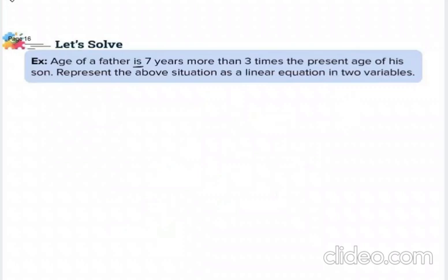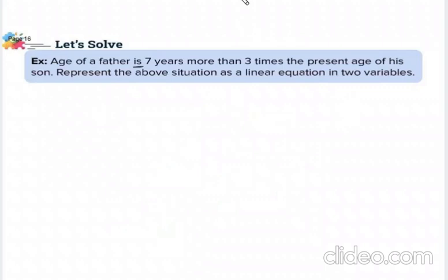Next question is: the age of the father is 7 years more than 3 times the present age of his son. Represent the above situation as a linear equation in two variables. So what we have to do is, the age of the father is 7 years plus 3 times the present age of the son.